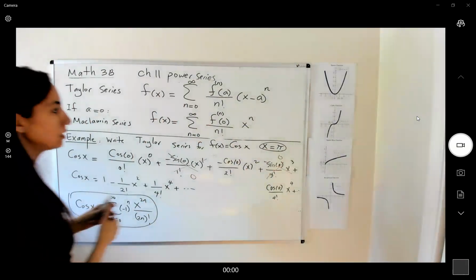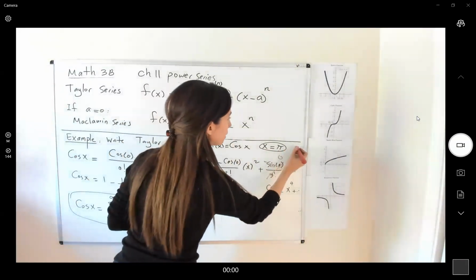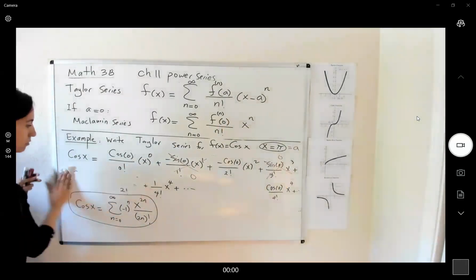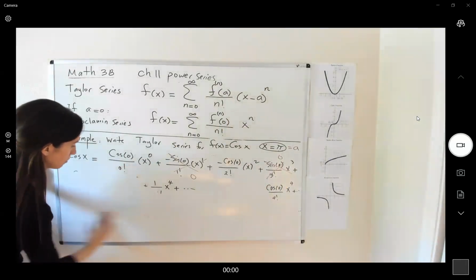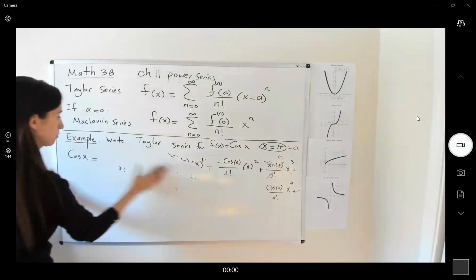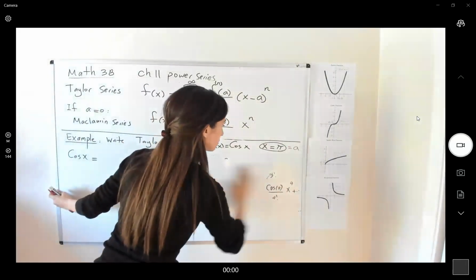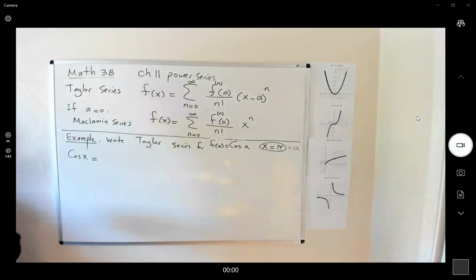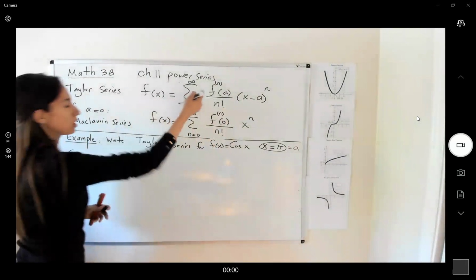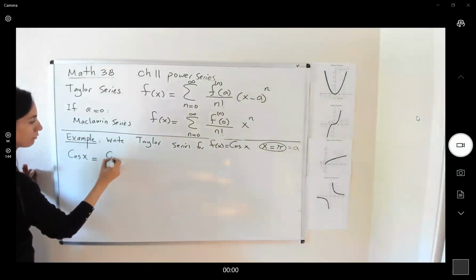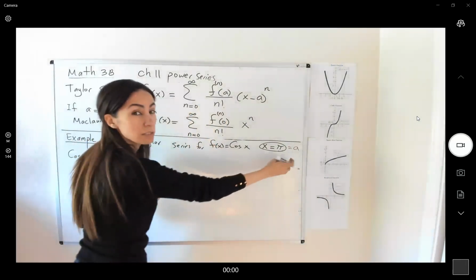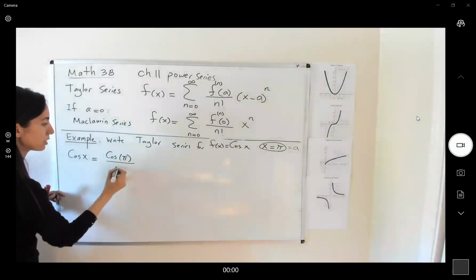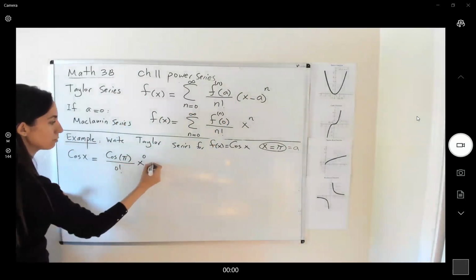So your a is equal to pi. Very well. Okay. So the first term is your cosine function. Instead of having 0, your a is equal to pi. Cosine pi divided by 0 factorial x to the 0 plus.